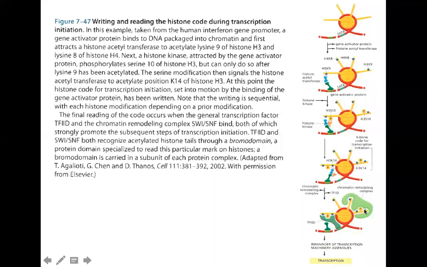Both of them have recognition domains that are called bromodomains. So transcription factor 2D or the chromatin remodeling complex cannot bind to the nucleosome unless this code is written on the histone tails. And then transcription factor 2D can bind to its TATA box and recruit the other general transcription factors, and later RNA polymerase II, so that transcription can be started.